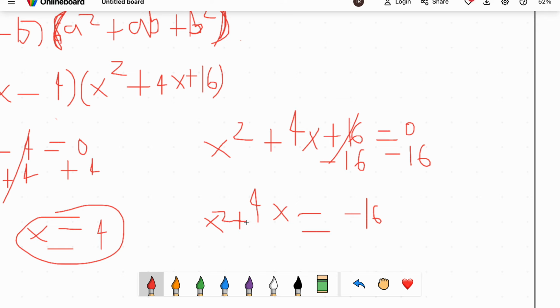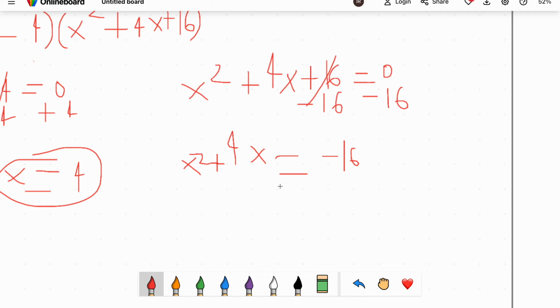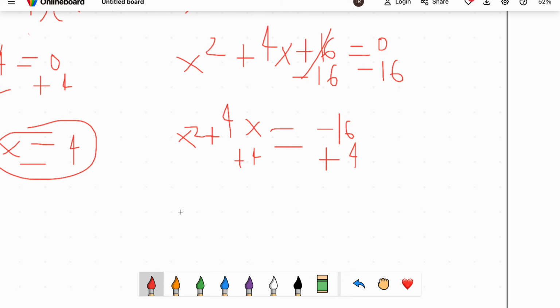Now, in order to solve this, we can add 4 on both sides, completing the square, and we need to do it on the other side too. So now we have x squared plus 4x plus 4 is equal to negative 12.